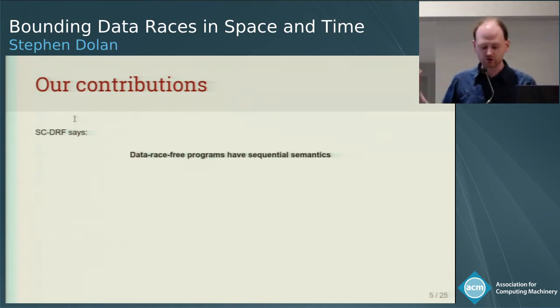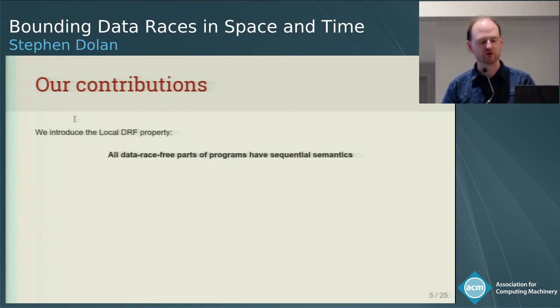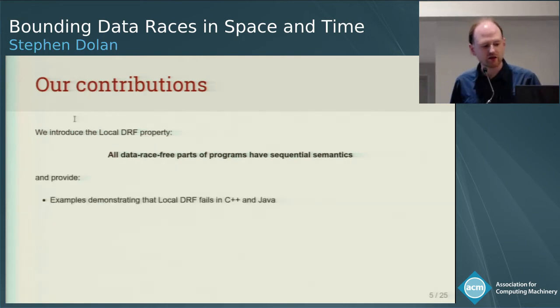What we're contributing with this paper is an extension of that to a local data race freedom property that says the data race free parts of a program have sequential semantics, even if there are data races in the rest of the program. We'll show, going through them in a moment, some examples that show that this is not the case, not just in the abstract memory models, but in actual real implementations of C++ and Java.